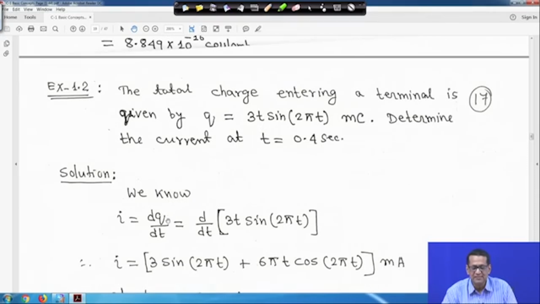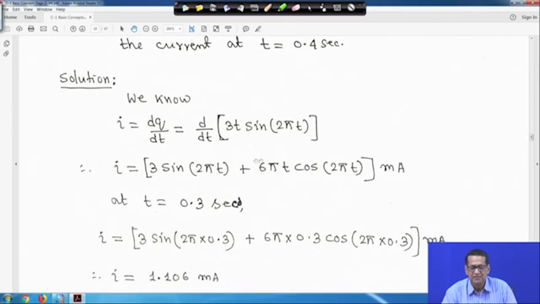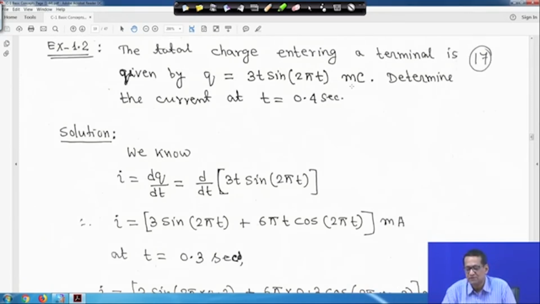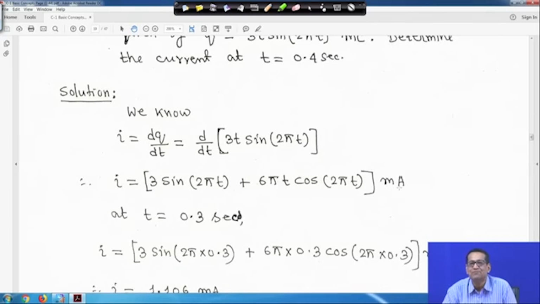We know that i is equal to dq by dt, so d by dt of 3t sin 2 pi t. If you take the derivative, i is equal to 3 sin 2 pi t plus 6 pi t cosine of 2 pi t. That is milliampere, because the charge is in millicoulomb.